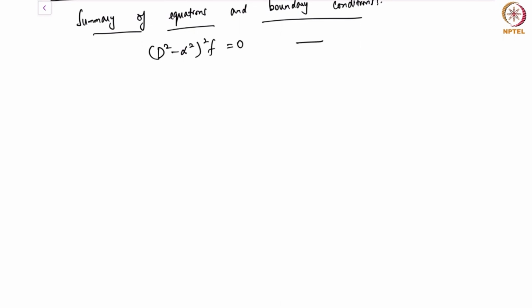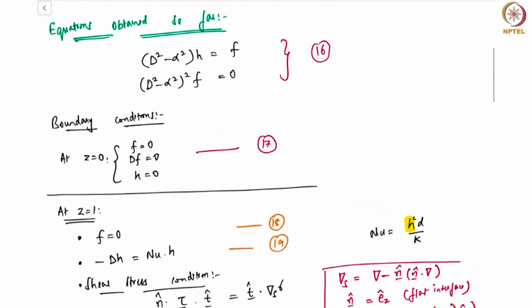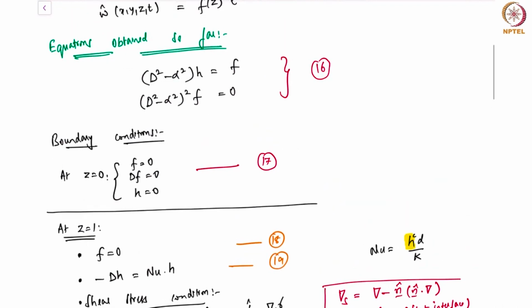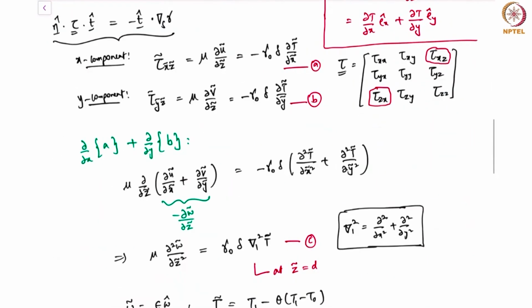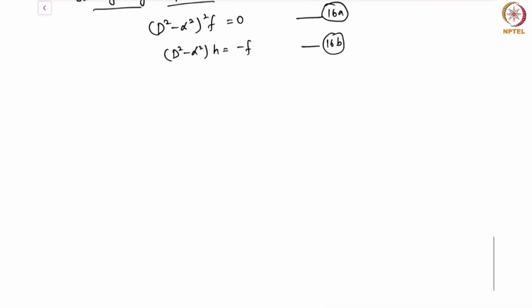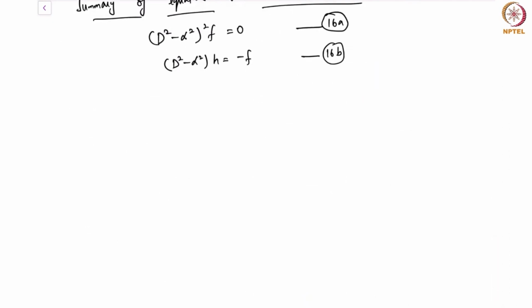This we'll call equation 16a. Then we have another equation for h: D square minus alpha square of h is equal to plus f. This is 16b. A small correction, it's not minus f, sorry, it's plus f.